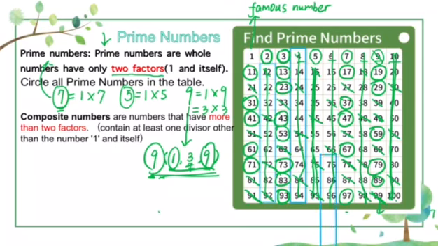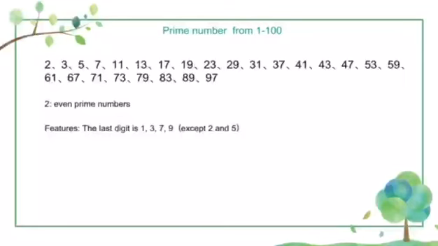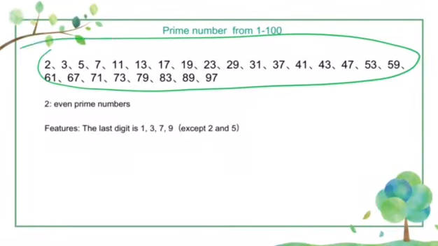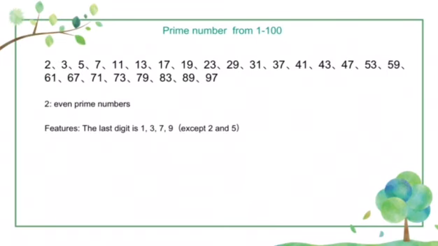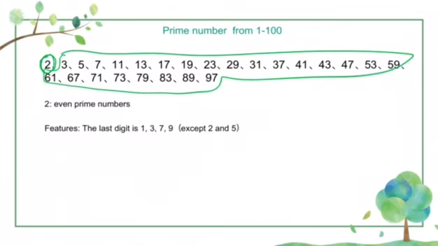If I organize them together, so here are these prime numbers. When we observe them, you can find that except for 2, the rest are odd numbers, right?